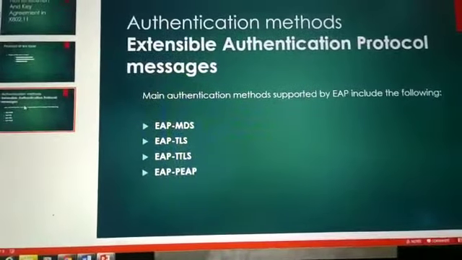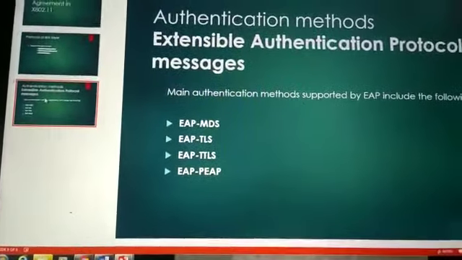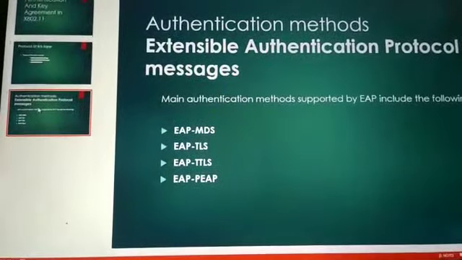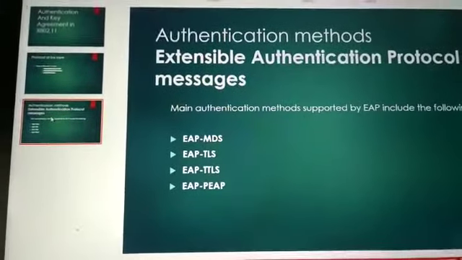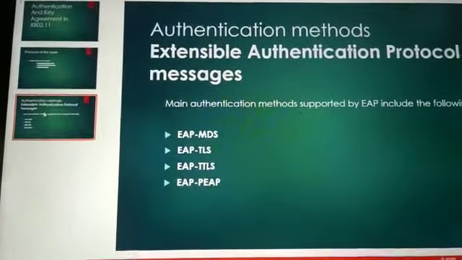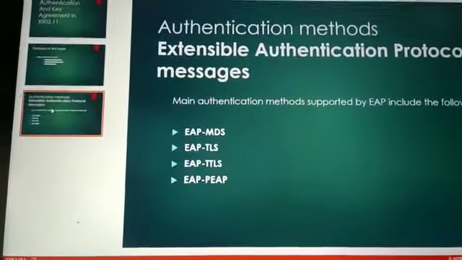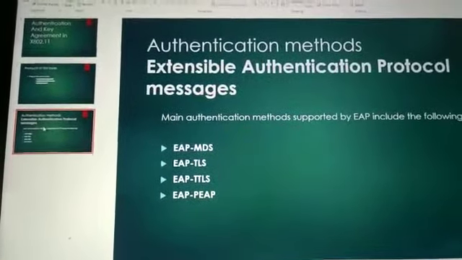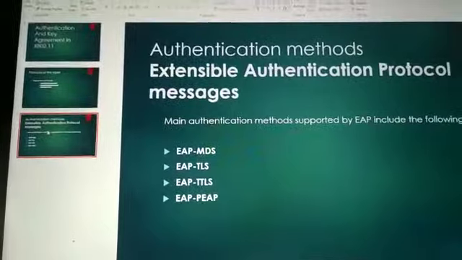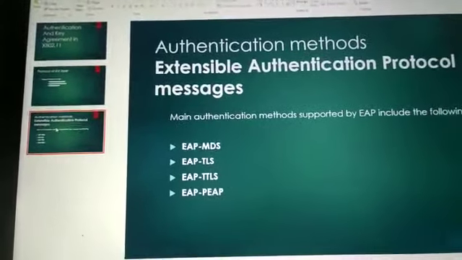So the authentication server tells the station, in order to authenticate you, you must supply me the hash value of the user's password. The station prompts the user to enter the password, applies the hash function, gets the value and sends it to the authentication server, and thus it authenticates itself.